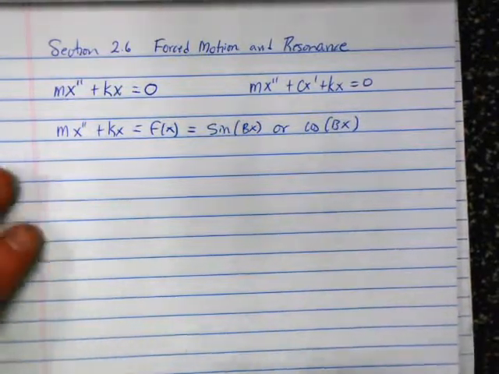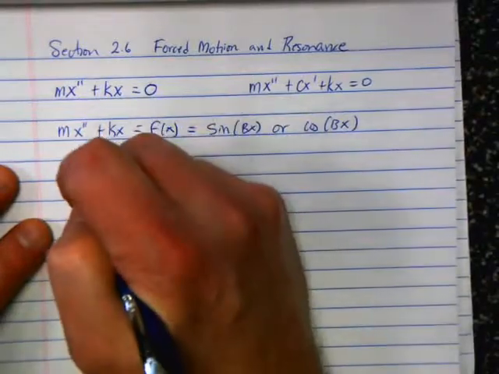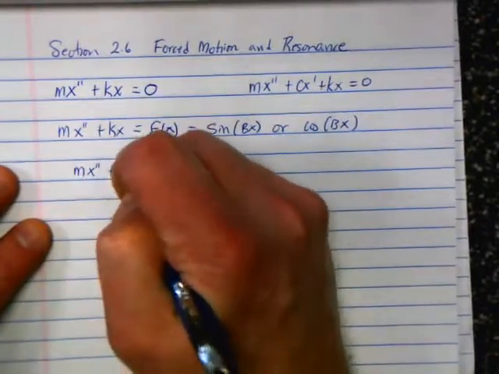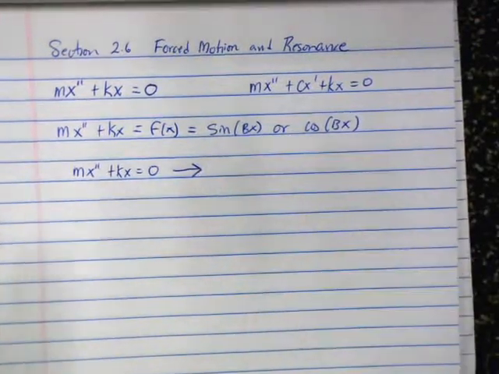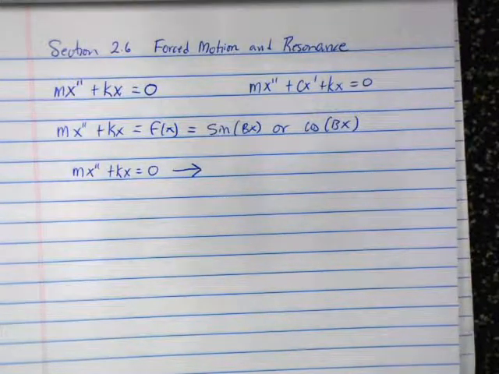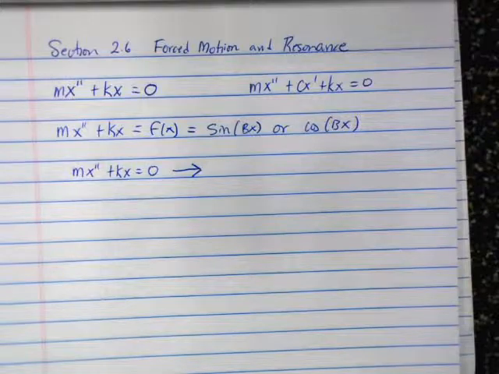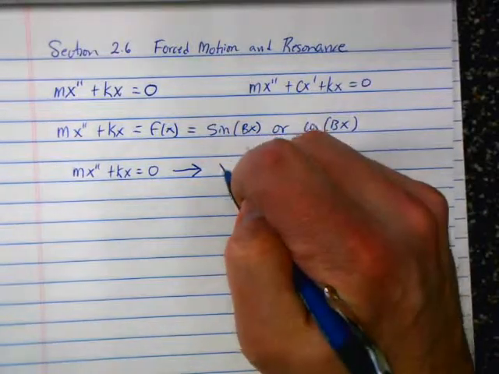Okay. When we had mx double prime plus kx equals 0, what kind of solution did we get? What was our complementary solution?